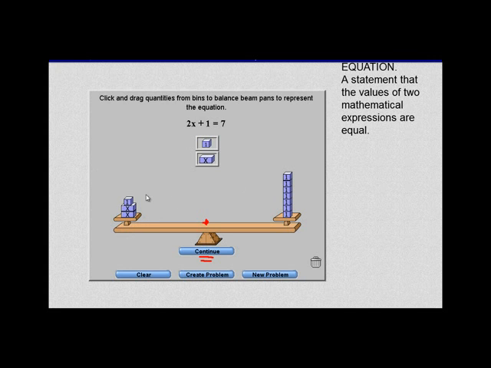Still, I will get a balance beam. That property that says I can switch or exchange or swap the left-hand side and the right-hand side of the equality, and I am not changing the meaning of the equality, is what we call the symmetric property of equality.